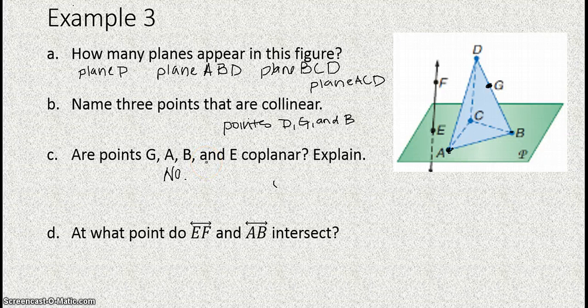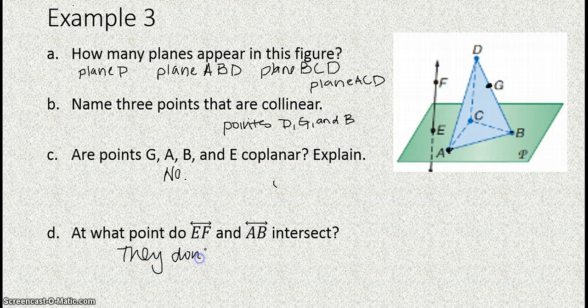At what point do line EF and AB intersect? So line EF is going straight up and down, and line AB is over here. What point do they intersect? Well, as far as I can tell, they don't intersect. So they don't.